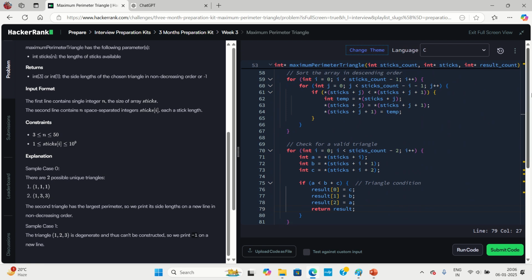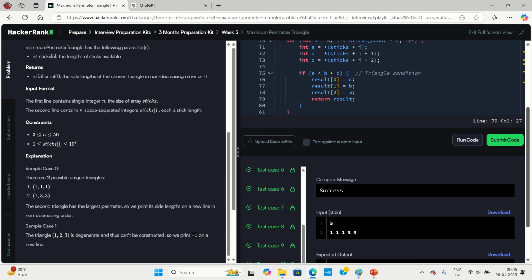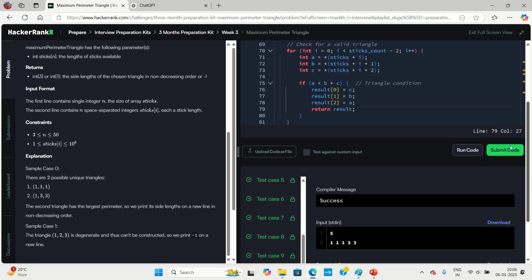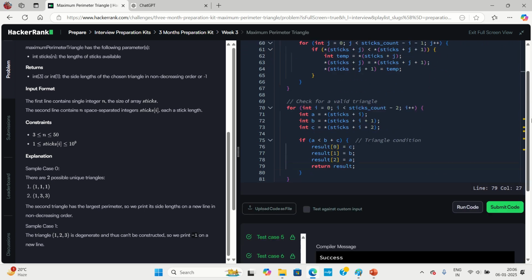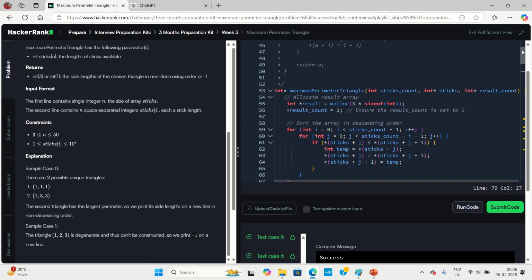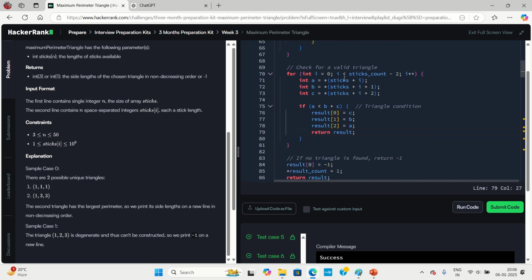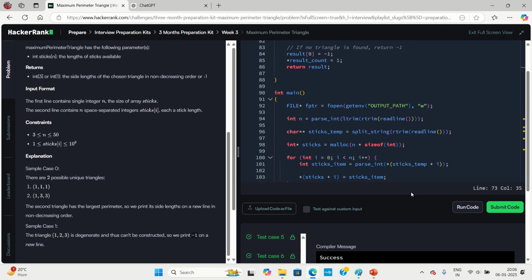Bubble sort worked here. In other cases, you can consider quick sort also, and merge sort also, which take big O of n log n time complexity in average cases. Once the sorting is done, it is just one pass only, right? Just one pass only. Fine. And hence we reached our solution and all these test cases work.